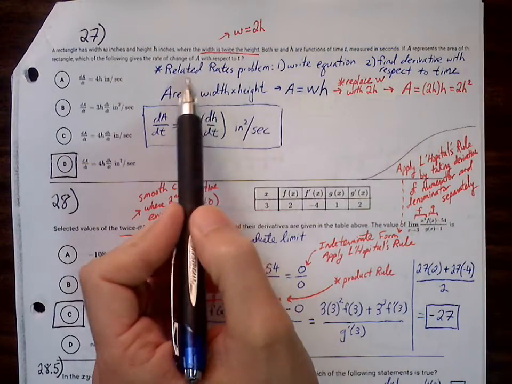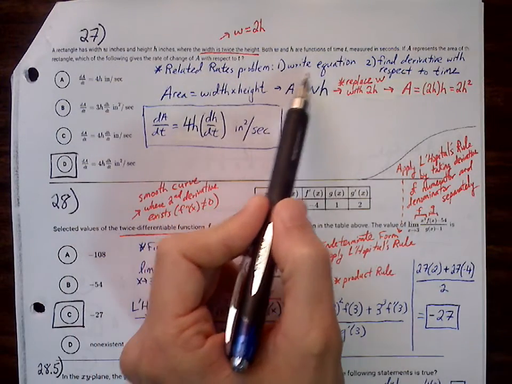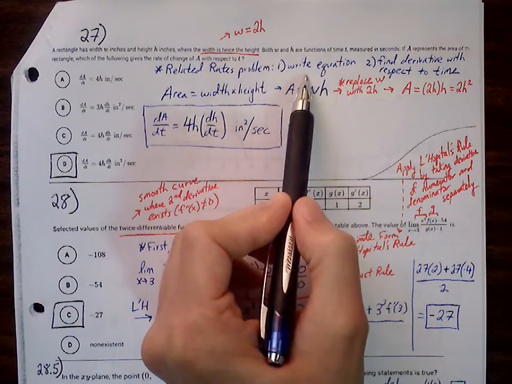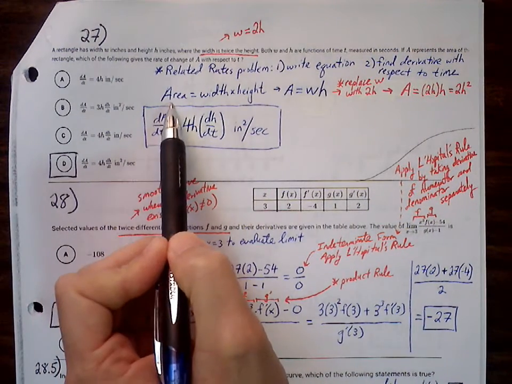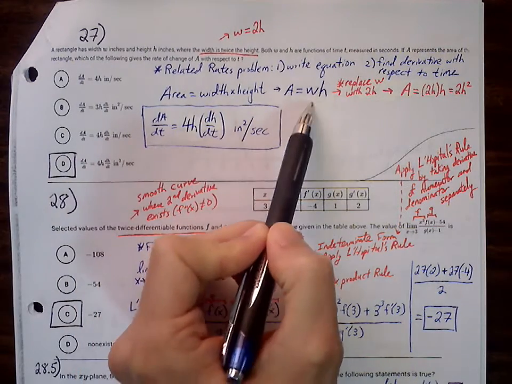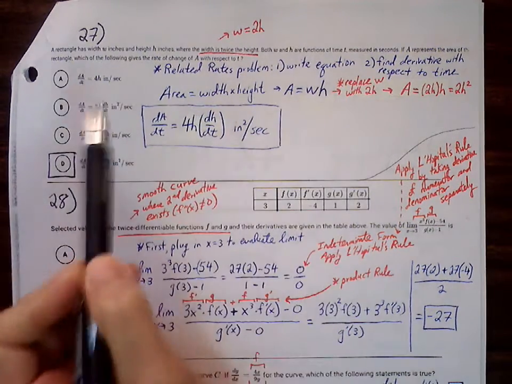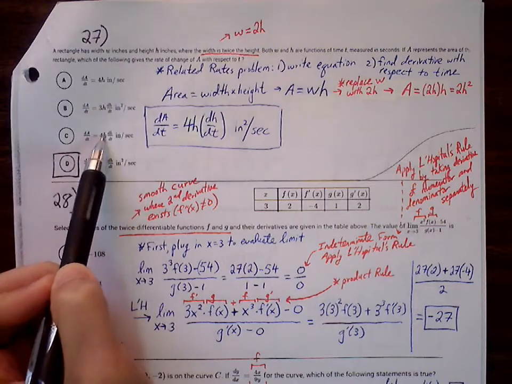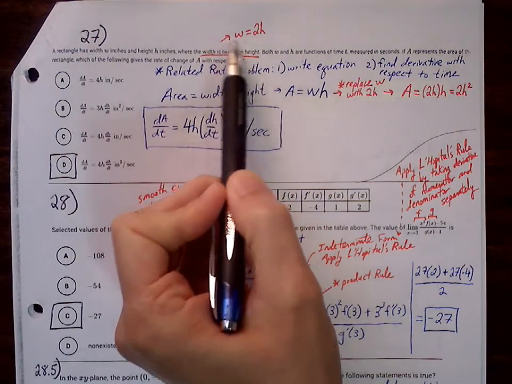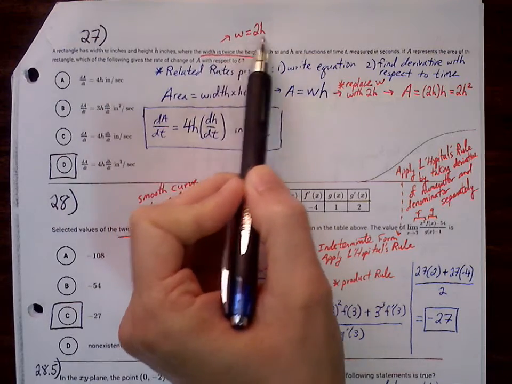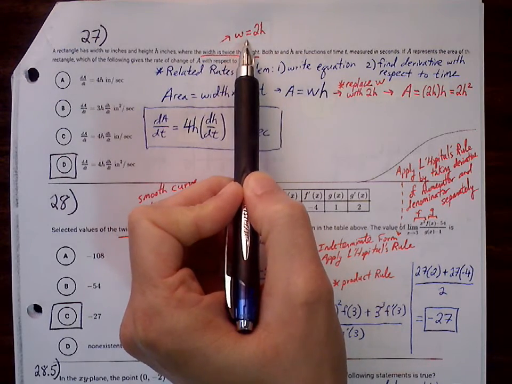With related rates problems, we'll always write the equation first, and then we find the derivative with respect to time. So we know area of a rectangle is width times height, so W times H. But if you look at our answer choices, all of our answer choices are in terms of H. So we're going to use this relationship that is provided for us to help make a substitution in this problem.